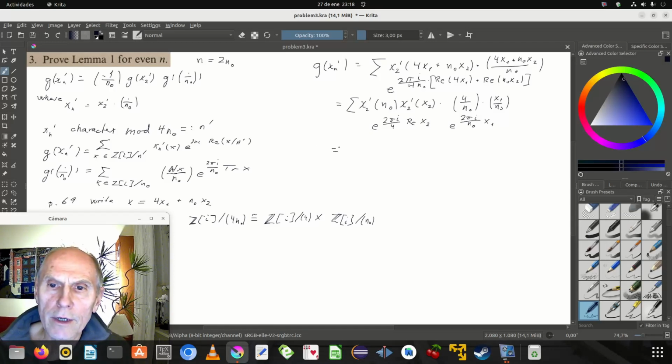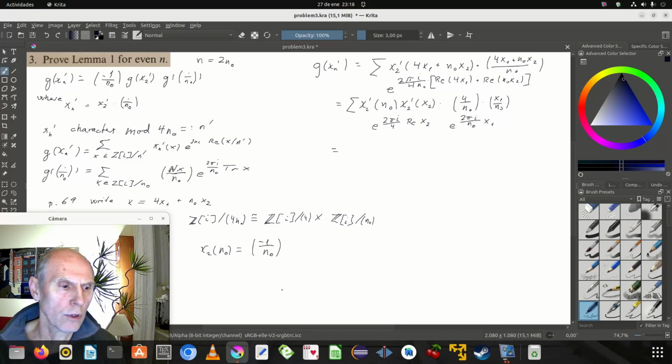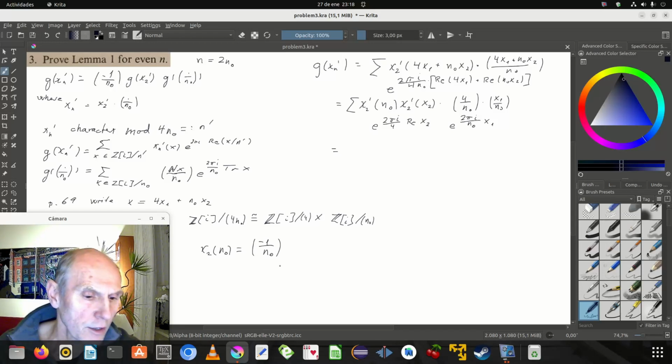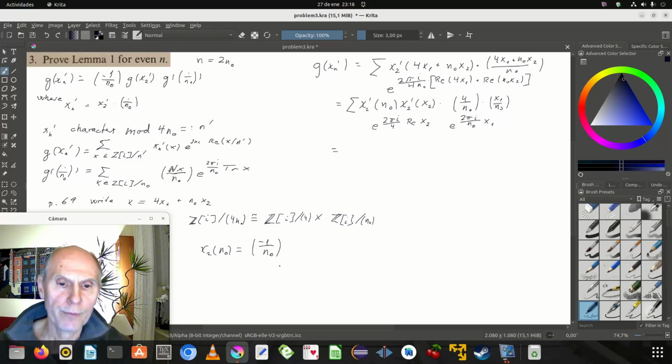All right. Now what do we need here? Chi 2 of n naught, that is actually minus 1 modulo n naught. I made a table where you can see it. I don't know if there's light enough on it.